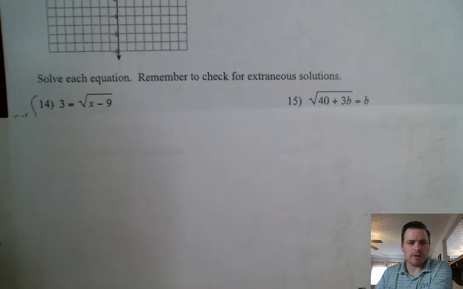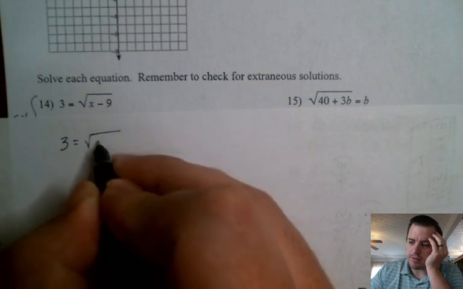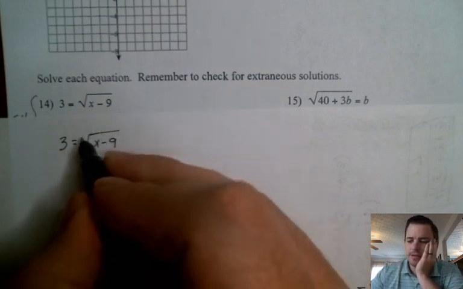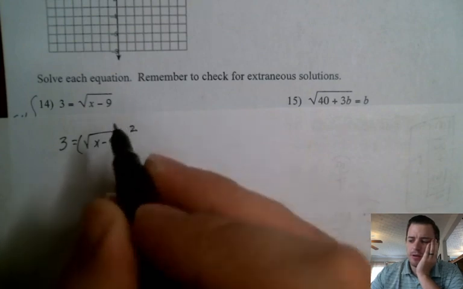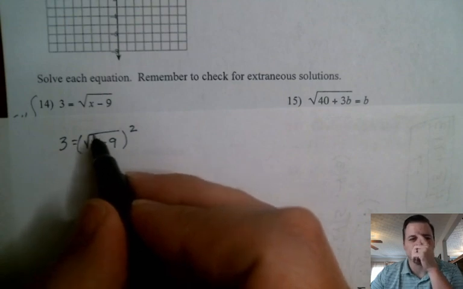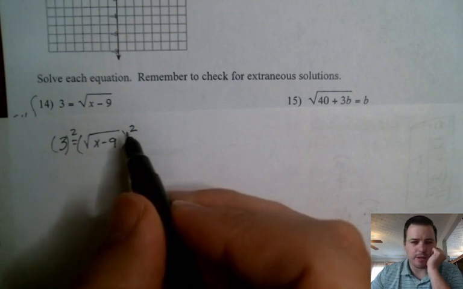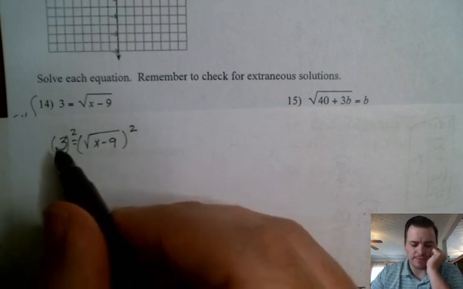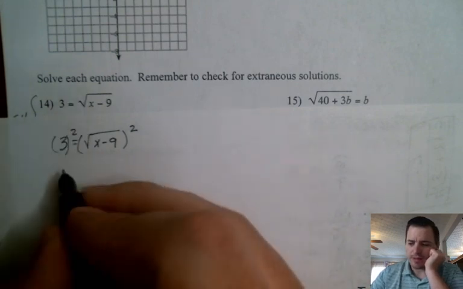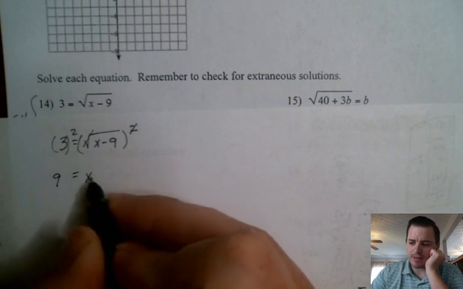So what we're going to do on both sides is square, because I've got to isolate that x. What's the inverse of square rooting? It is to square. I square this side, because what I do to this side, I've got to do to this side. 3 squared is 9. And the square root and the square cancel there, leaving me x minus 9.